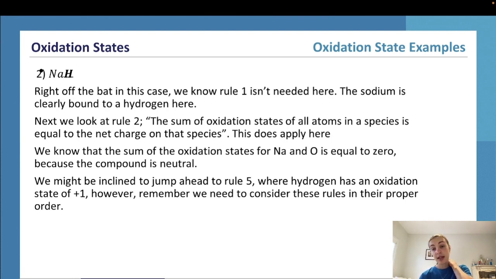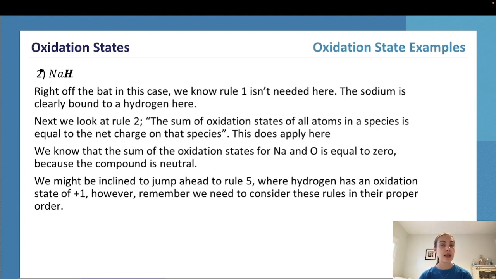Next, we need to consider our rules in their specific order. So we remember that sodium actually has a charge of +1, and so hence hydrogen itself could not have a charge of +1 as well, because we know that the compound itself is going to be neutral and have a charge of 0.